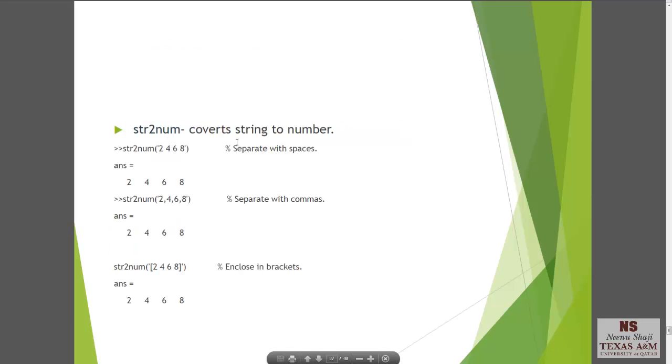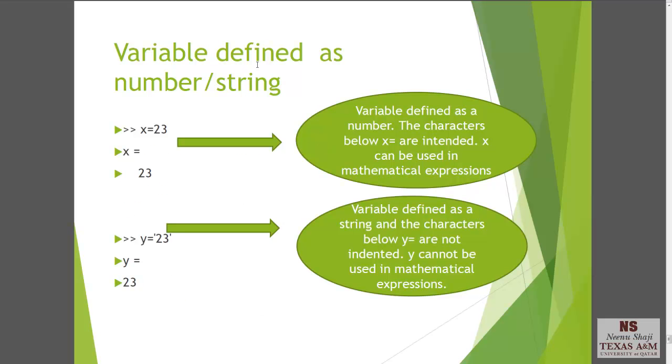str2num converts a string to a number. So str2num of 2, 4, 6, 8 in single quotes, you have the numbers here 2, 4, 6 and 8. You can also separate them with commas, or you can put them in square brackets. The variable defined as a number or string, how do you identify that?